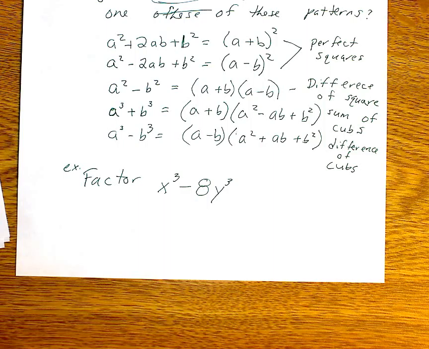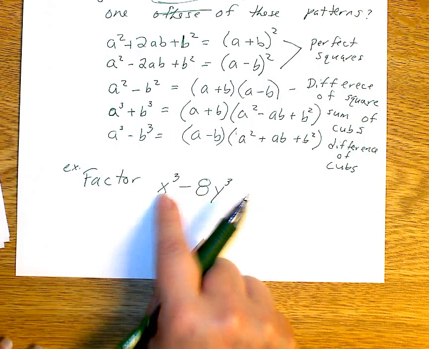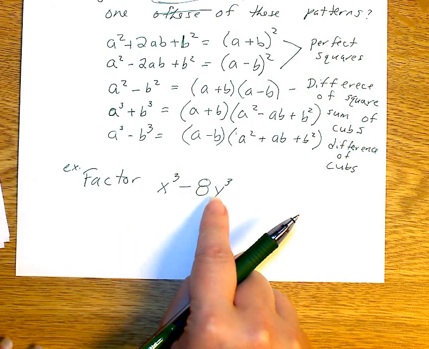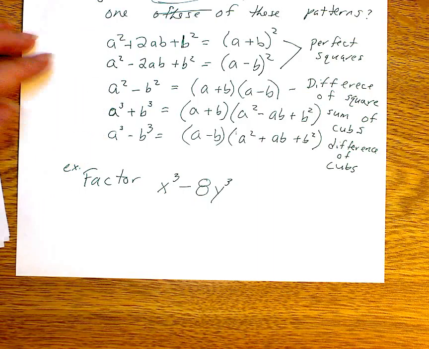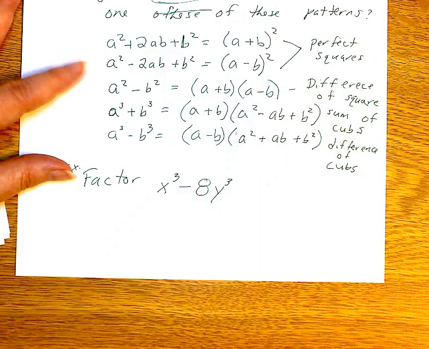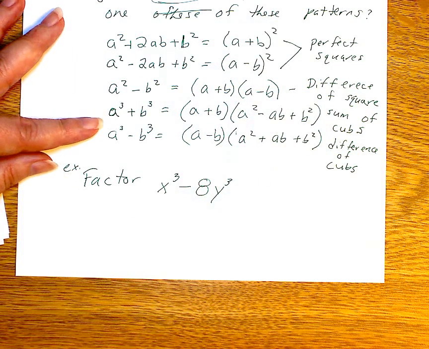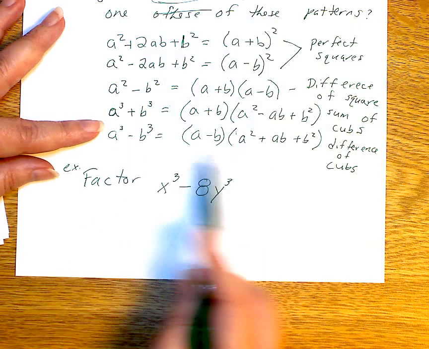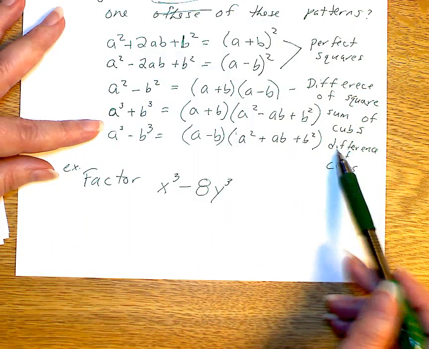The first thing, hopefully, is that when you're starting this, I do expect you to use the patterns. But by the time you're done with them, you will hopefully be able to do them without looking at the patterns. This is the pattern you hopefully notice, and it is called the difference of cubes.